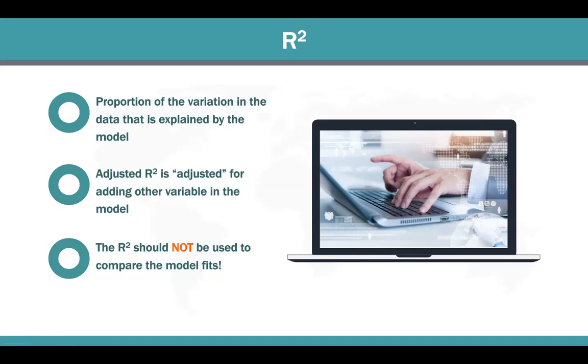And it's very important to note that the R square should not be used to compare the model fits, because when we add more variables into our model, the R square will always go up. We cannot simply judge if this is a better model just by R square. We need to use other measures.